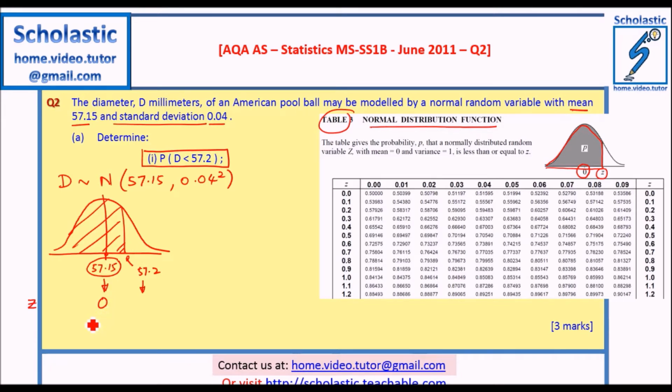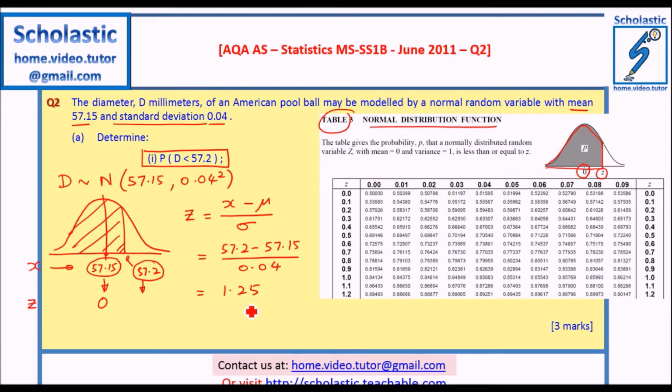That means we are going to find a new variable Z, the value of 57.2 if you convert the mean to 0. From basic theory, Z is equal to x minus mu divided by sigma. In this case, let's assume the diameter is a random variable, given as x here. So the value of 57.2 converts to 57.2 minus 57.15 divided by 0.04, which is equal to 1.25.